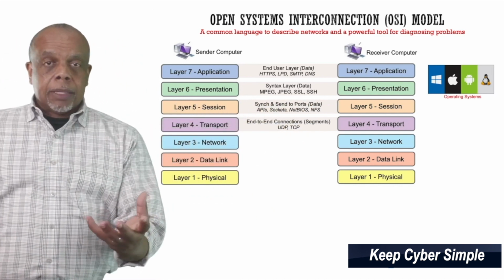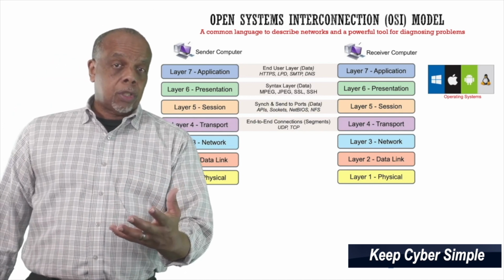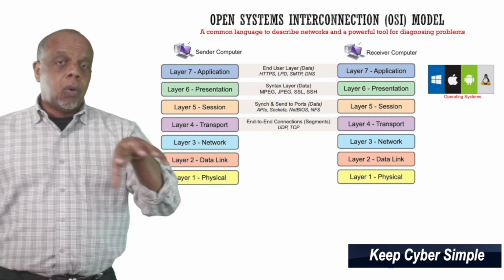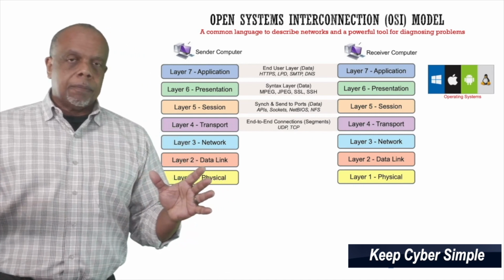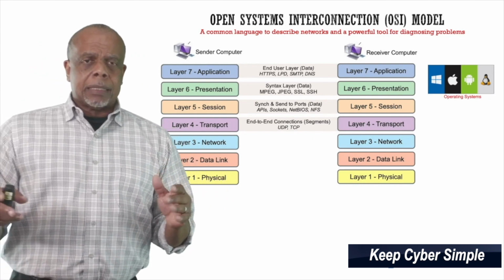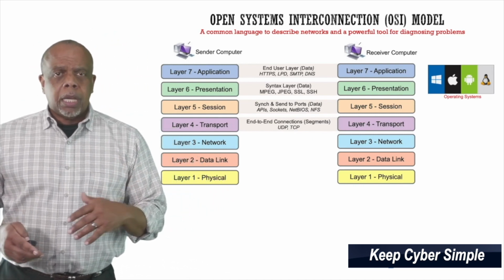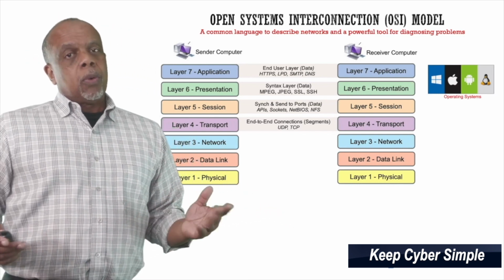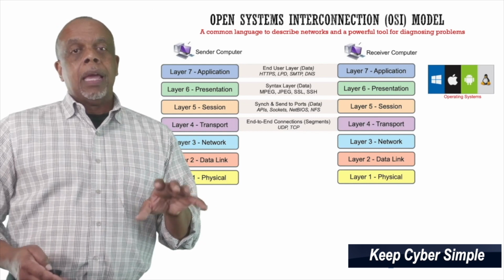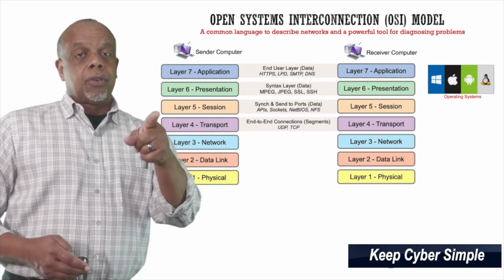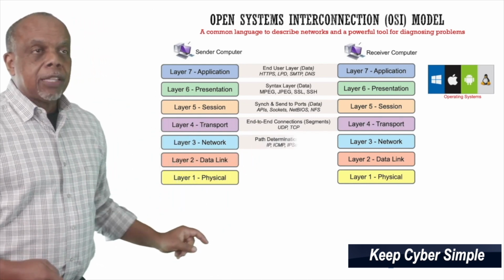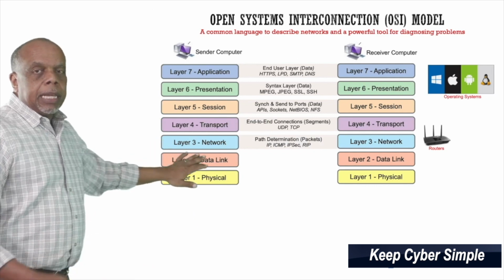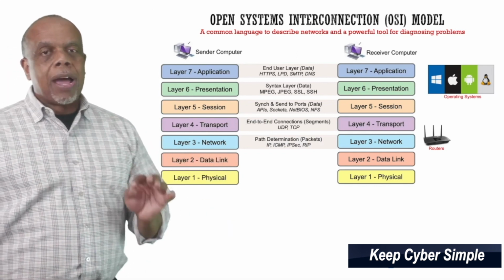Now, think about this box. I've got it packed, or the train, right? I've got all this coal in these box cars, but the engineer doesn't know where to go. Now with the rail system, it's a little bit easier because you're on a track, but still they have to be able to route that train to where it needs to go, and that's what layer 3 does. Layer 3 does your routing.